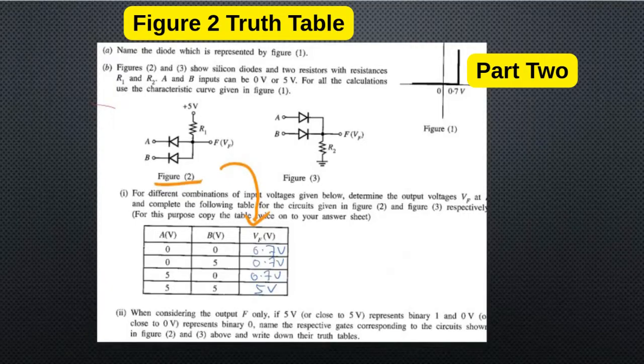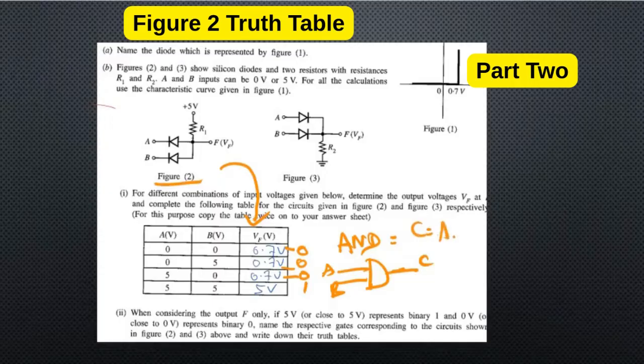So initially, 0.7 is closer to 0, so we have to take it as 0. So 0, 0, 0, and 5 is closer to 1, so we take it as 1: three zeros and one 1. Basically students, this is the AND gate, and I hope you have a clear understanding about AND gates. With inputs A and B, if the output is C, C is equal to A dot B; you should know this.